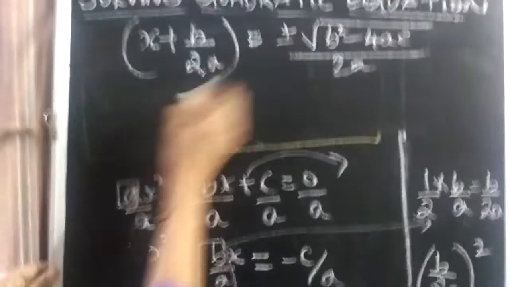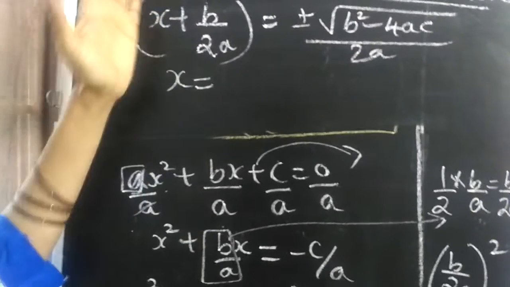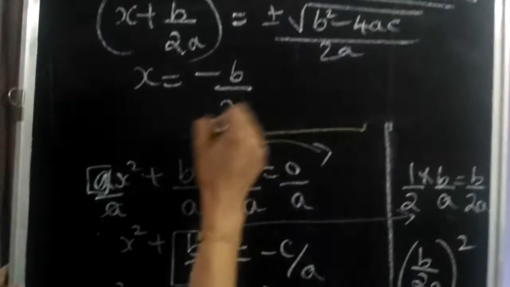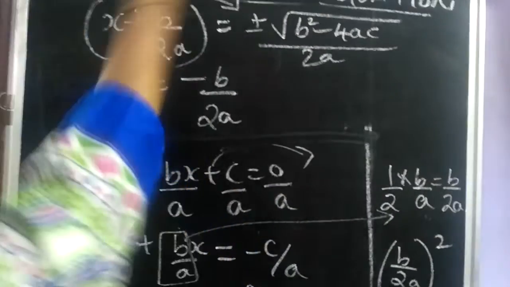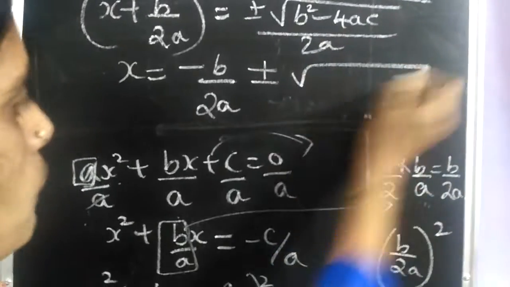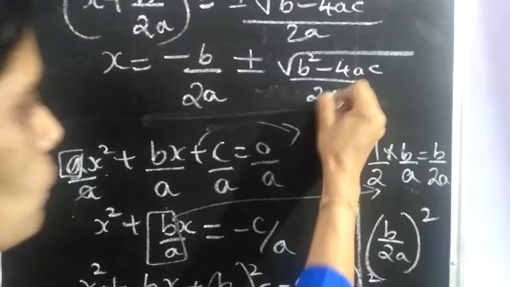So now push this plus b by 2a to that side. x is equal, because you have to solve for x. You are finding out what x is. Okay, so x is equal to minus b by 2a. Why? Plus b by 2a, you are pushing it to that side. Minus b by 2a plus or minus root of b square minus 4ac by 2a.